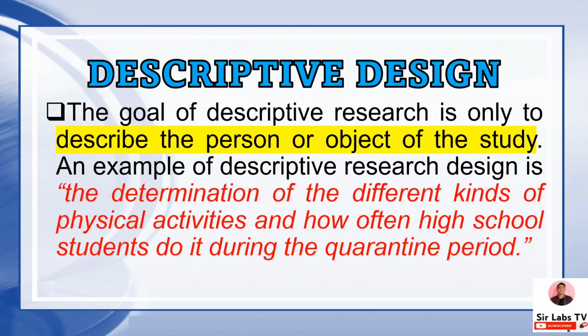As I have said previously, it describes the person or object of the study. In the example presented, it will only determine the different kinds of physical activities and how often it is used, which falls under the parameter of descriptive design.